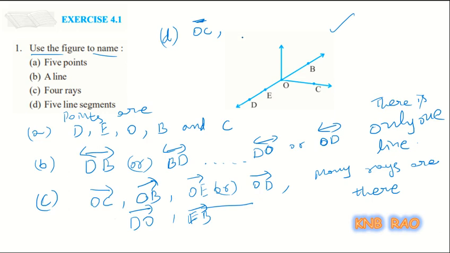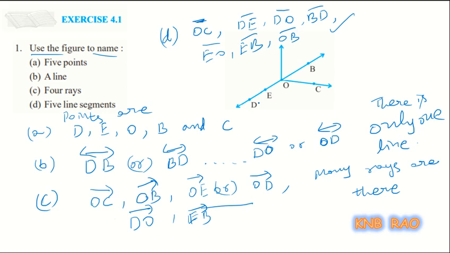This is one possibility, and I can have here on this DB line, DE being one line segment, DO being another line segment, DB or BD being another line segment, EO being one more line segment, EB one more line segment, OB one more line segment.